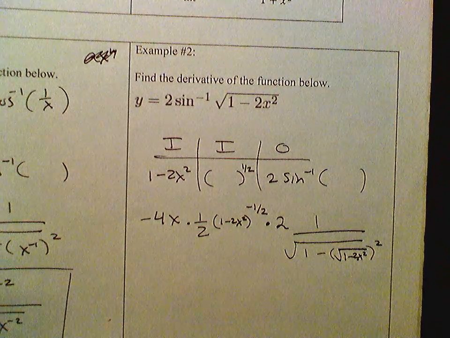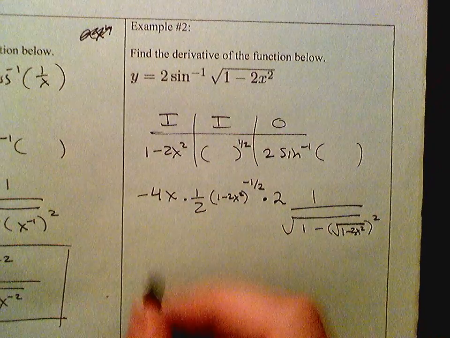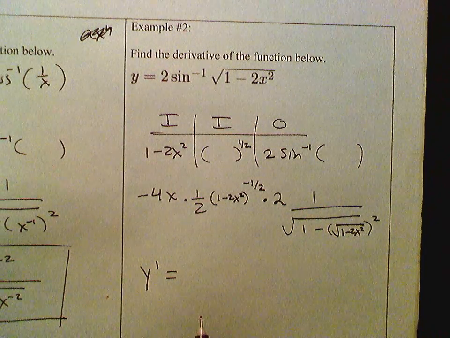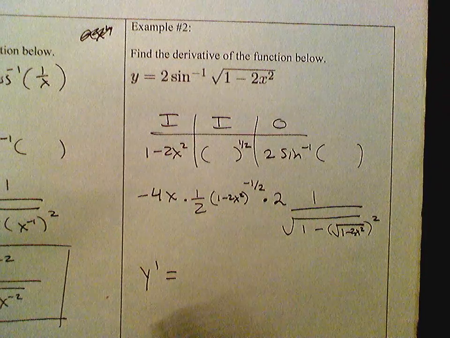Now, I'm about to write the final answer. You could leave it like this, guys, but it's pretty easy to clean up, so I'm going to. So y prime equals, I've got, so this is 2 times, no, it doesn't work like that.